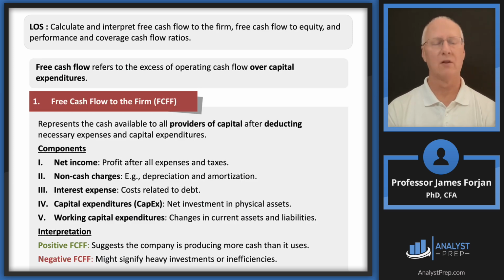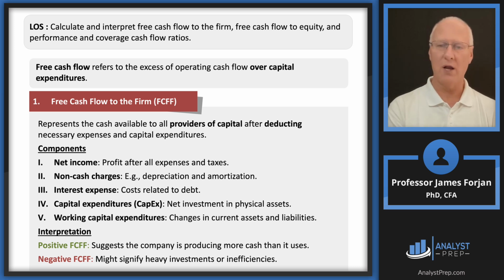Now, here's what I think is the more important of the two LOSs. And so I'm hoping you get what I was saying earlier on, that what we just did is a little bit of a review of part one. Then we took some cash stuff. So you should be good on that. Here are some extra formulas that you're going to have to remember. So I'm going to go ahead and start with this. Let me give you that definition of operating cash flow that I did just a minute ago.